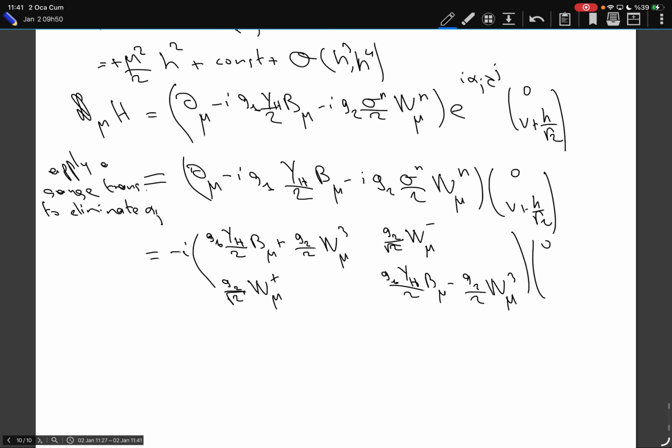Times (0, v) plus other terms. And this is minus i, g2 over square root of 2 omega mu minus, and g1 Y_H over 2 B mu minus g2 over 2 omega mu 3, times v.